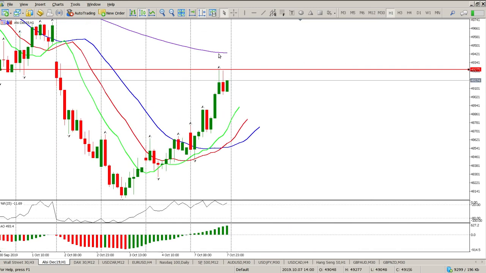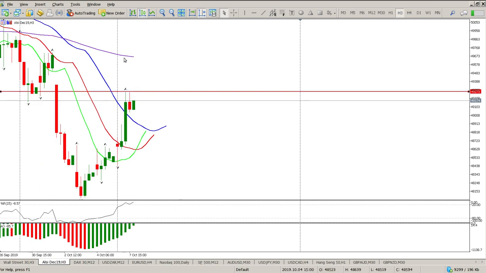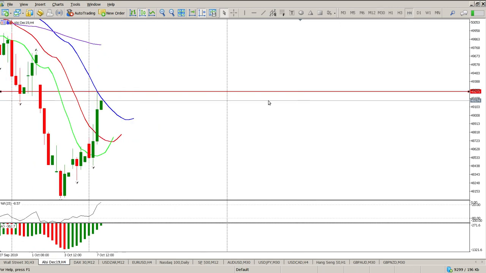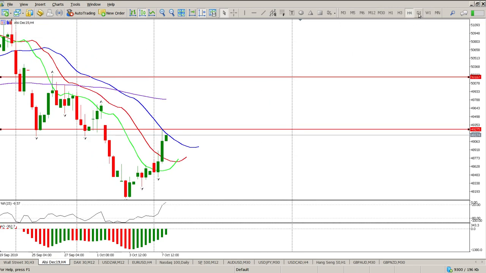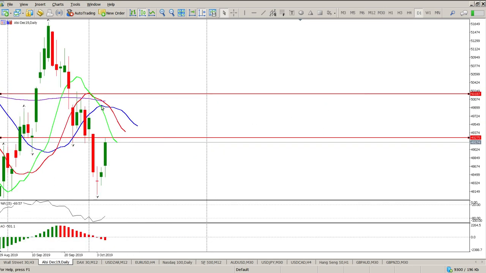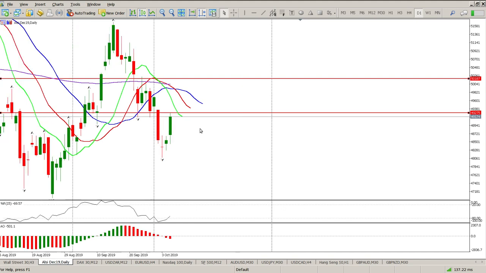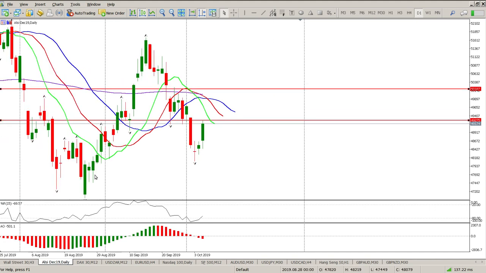But we've got a 1 hour 200 EMA, we've got a 3 hour 200 EMA, we've got a 4 hour 200 EMA, and we have a daily 200 EMA up there as well. Okay, and lastly, if you're just looking at the daily, we've got a daily close above the negative 80, and that is a bullish signal.